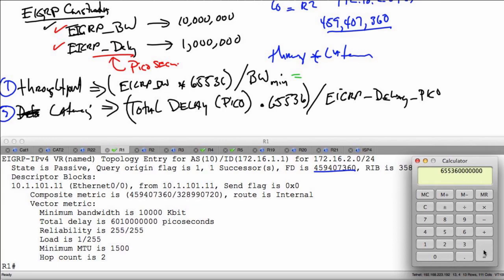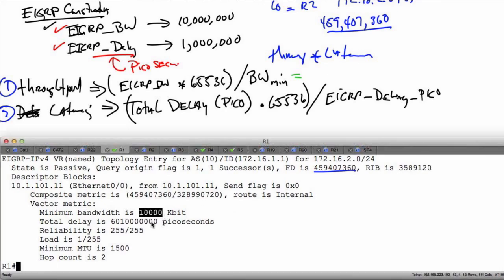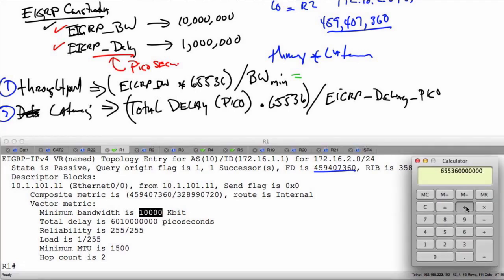Then we're going to divide it by our minimum bandwidth. Our minimum bandwidth is right here, and it's 10,000 kilobits. So let's divide by 10,000 and hit enter, and that's going to give us a value. Let's take a look at this value.